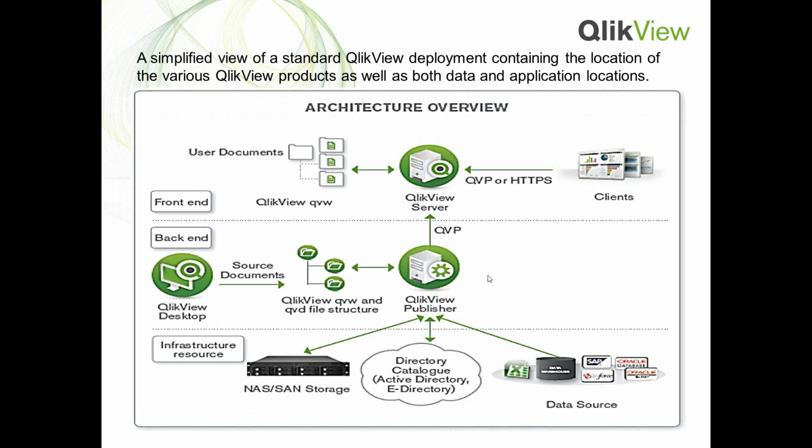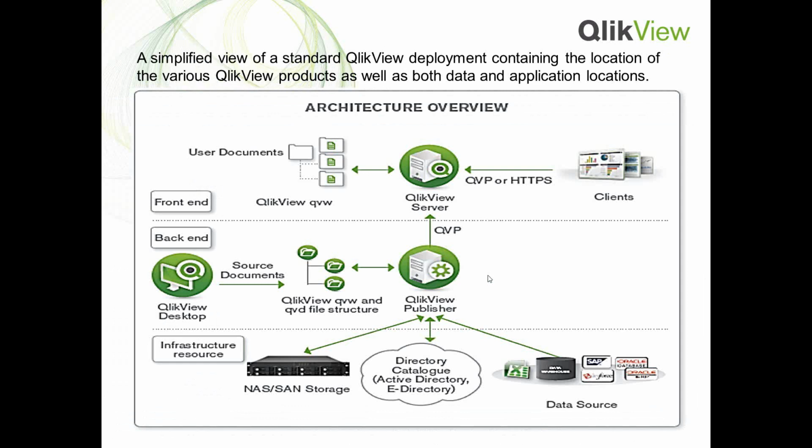It will successively run layer 1, then layer 2, then your final document. If you have layer 3, it will run that, and then the final document. So the entire data flow comes from layer 1 to the final application, and your data is refreshed. This QlikView publisher basically will give you your user documents with the updated data.